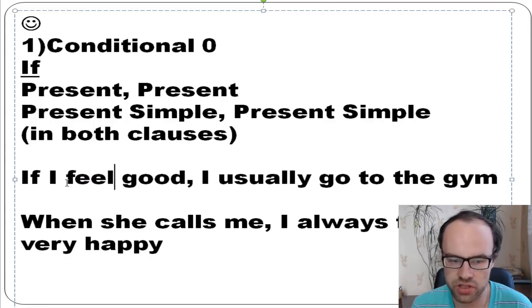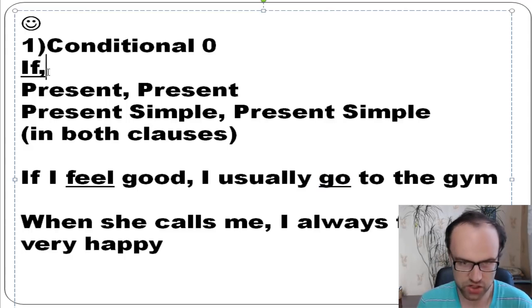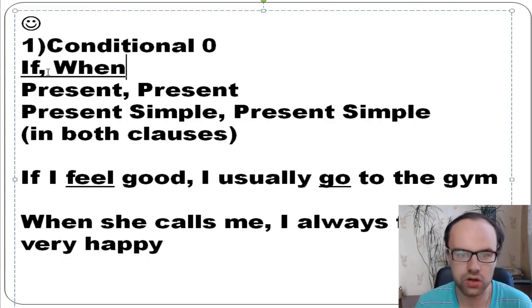So you see present simple, feel good, in the first part of the sentence. And you also see present simple in the second part of the sentence, go to the gym. So it's easy, and it's about sentences with if or when.